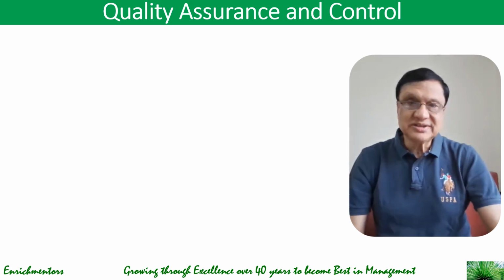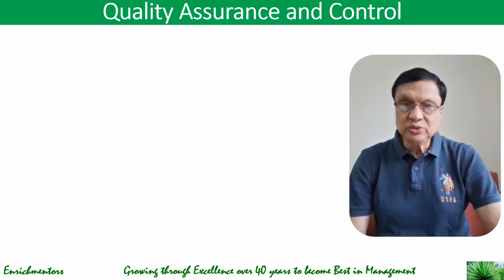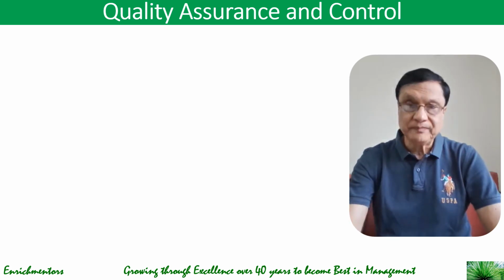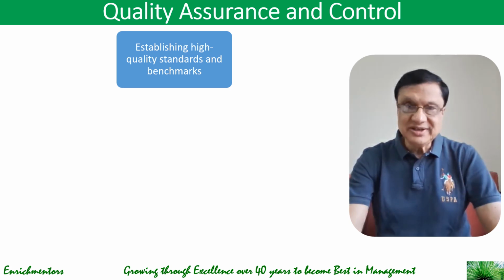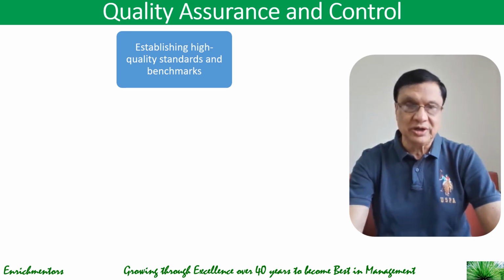So, what are the things in general, before we get into that specific area of standards and benchmarks? What are the other things that you need to do in addition to establishing high quality standards and benchmarks to do quality assurance and control? First, obviously, is to establish high quality standards and benchmarks, because they become the basis of your quality.